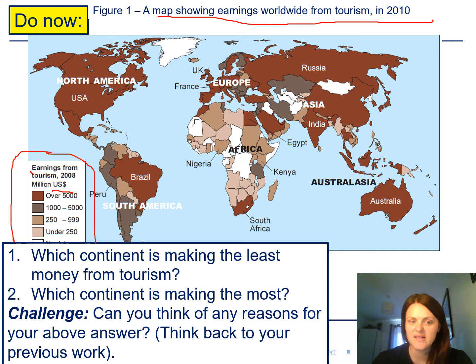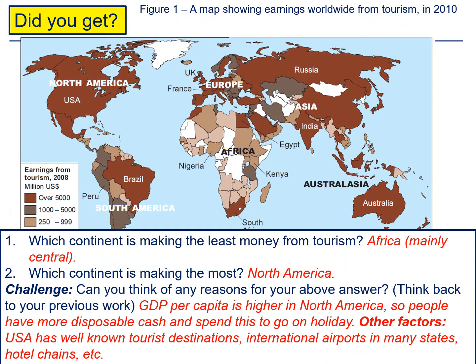So why is this continent making the least amount of money from tourism? And then why is this continent making the most money out of tourism? Okay, so here are some answers. So get your green pen out and give yourself a tick or change it.